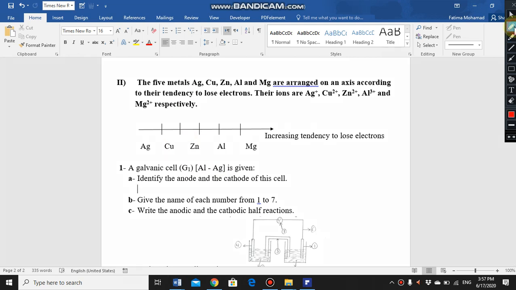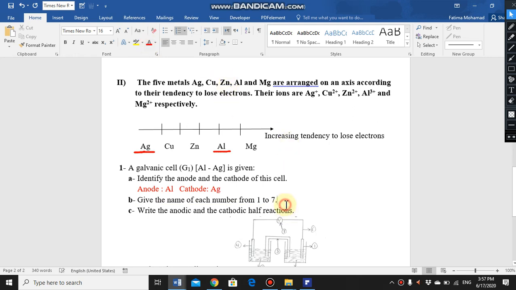Where's Al on the axis? Where's Ag? Which one has more tendency to lose electrons? Al. So Al is going to perform oxidation, so Al is the anode, and the cathode is Ag.